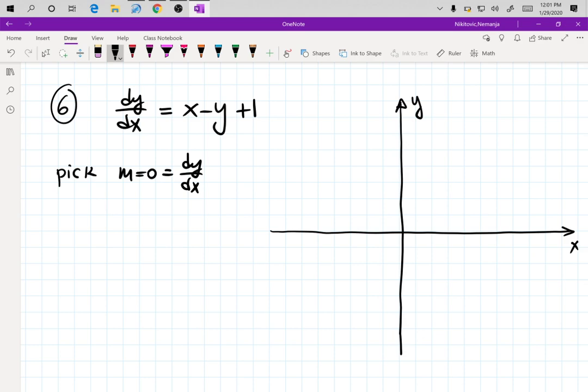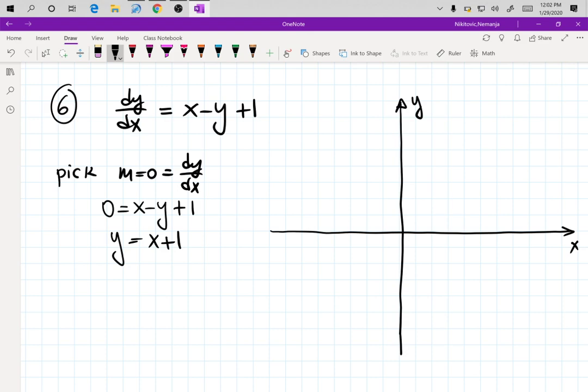So for the slope you picked, once you plug that into your equation, you will get 0 equals x minus y plus 1. That's a step that usually confuses people. I'm not sure why, but plug it in. You pick the slope and then plug that slope in instead of the dy/dx in the differential equation. And now just solve this, and what you get is y equals x plus 1.